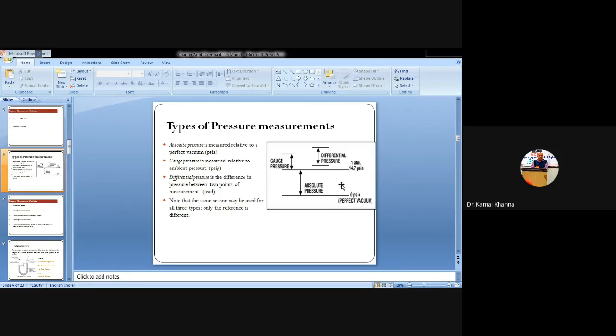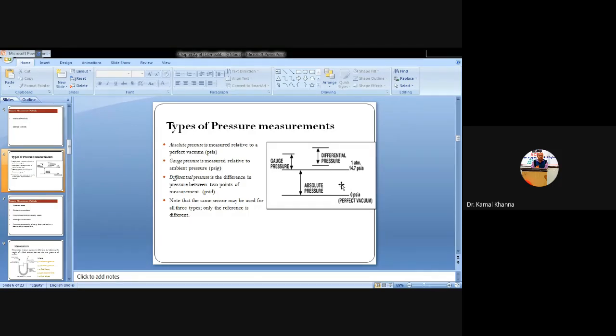Then the differential gauge will measure that difference of pressure and give you the value of 3 pascals, that is 8 minus 5 equals 3. So the pressure made by the differential gauge is called the differential pressure, giving us the value of the difference between the two pressures in the two pipes.